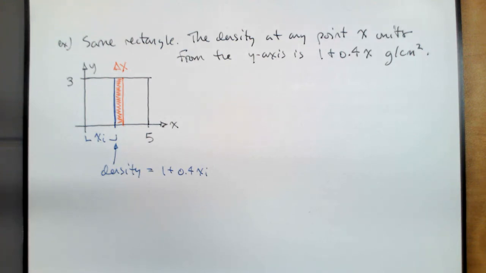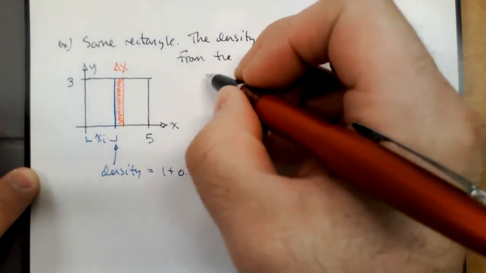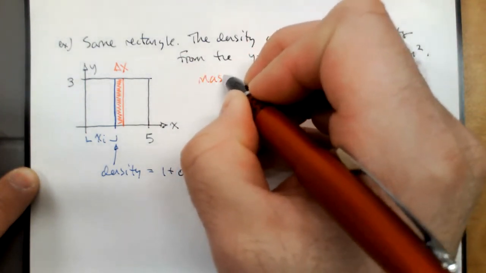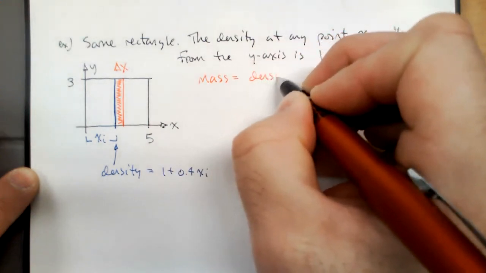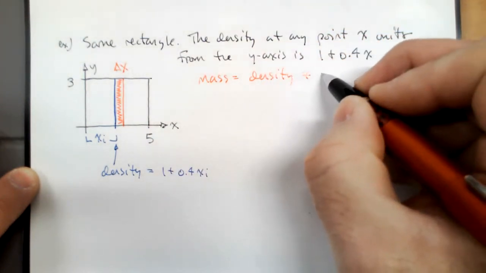Now that I'm going to assume that the density is constant for some small change in x, now I get to multiply. Mass is equal to density multiplied by area. So now that the density is constant, I get to use multiplication.